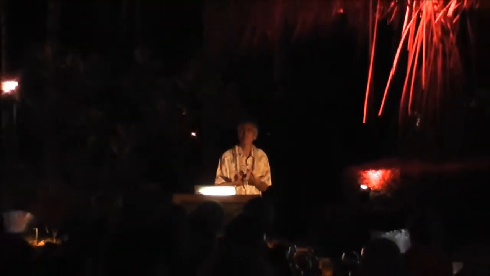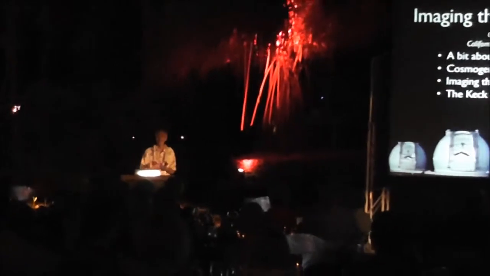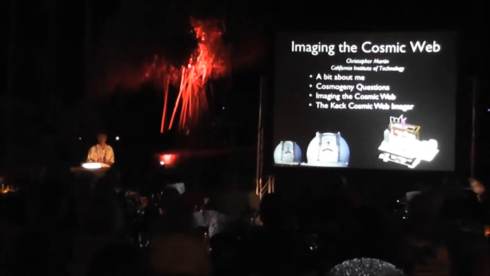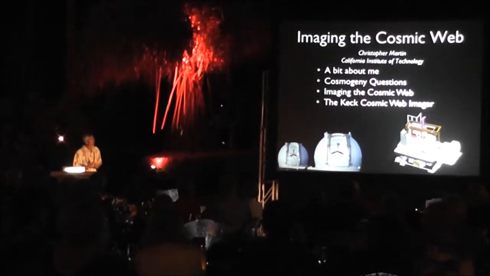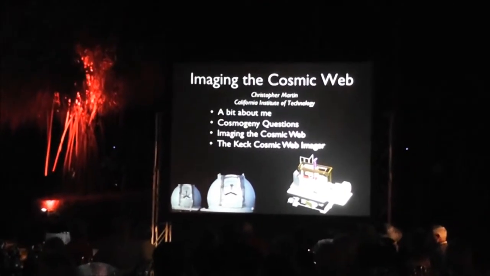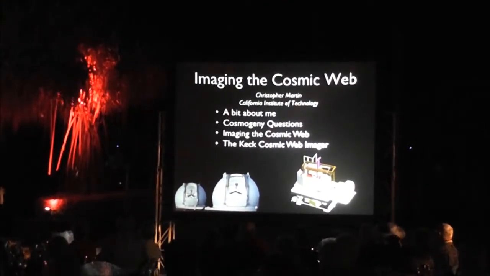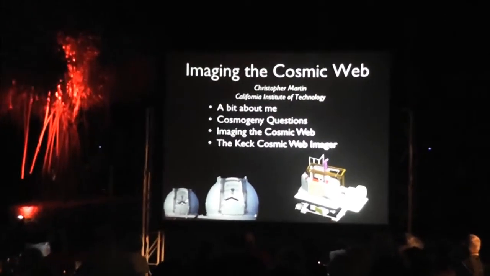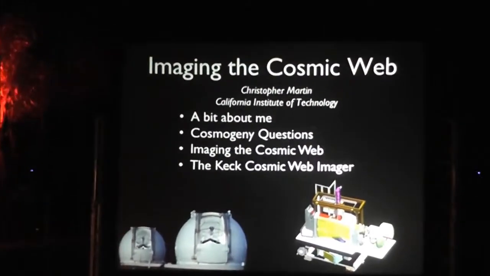And today I'm going to talk about one of the instruments that we're trying to build at Keck to answer very fundamental questions about the universe that haven't been answered before. So I'll give you the background of where those questions come from, and they relate to, as Taft mentioned, the intergalactic medium, which turns out to be most of the normal matter in the universe.